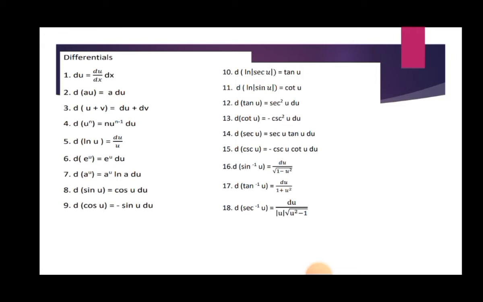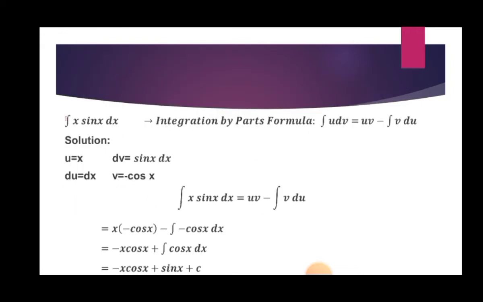So here is an example where we can use the integration by parts formula. First, we have the integral of x sin x dx. By the integration by parts formula, the integral of u dv is equal to uv minus the integral of v du. So for the solution, u will be x and du will be dx, and dv will be sin x dx and v will be negative cos x.